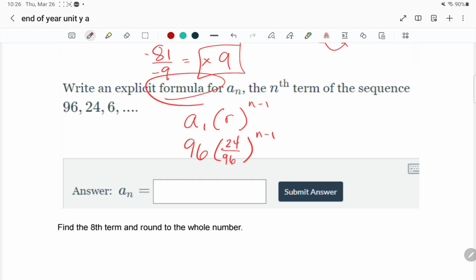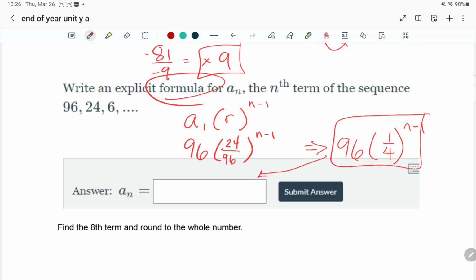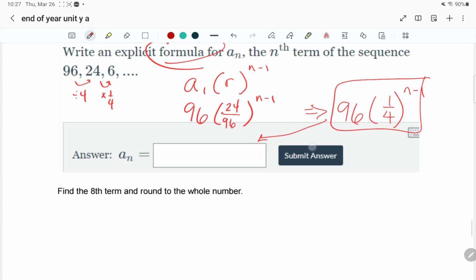Now Delta Math is going to want us to simplify that. That simplifies to a fourth. So this is what goes in the box. So what that means is I'm multiplying by a fourth or I'm dividing by 4. Okay, each time this is a divide by 4, or I can also call that multiplying by 1/4. That goes in the box.